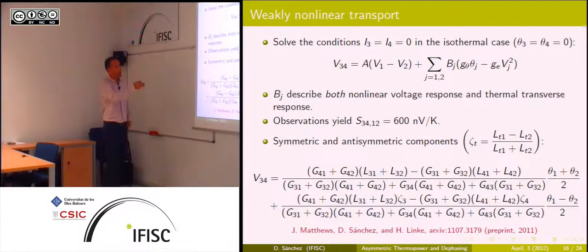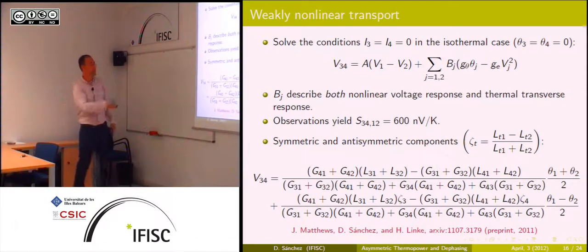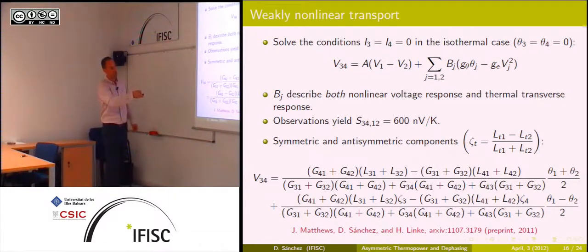But then these B coefficients, now forget about this A coefficient for the moment. This B coefficient has this awful form in terms of conductance coefficients, L coefficients, etc. So it's a little bit complicated. But you have a contribution symmetric in the thermal gradient and antisymmetric in the thermal gradient. And this contribution, which is antisymmetric in this gradient, appears because you have asymmetry between left and right.